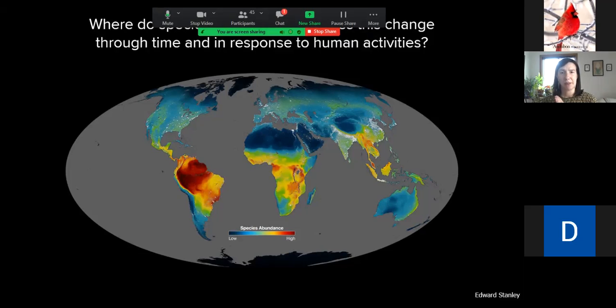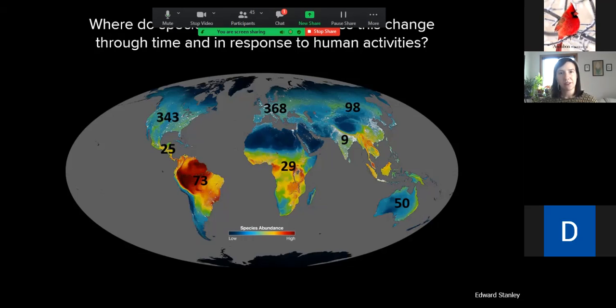You can make those maps with museum specimens, but you can travel back in time for a lot longer than eBird lets you do, for example. Understanding how species have responded to environmental changes in the past is key to mitigating the responses to the changes we're causing now with the climate and in the future.